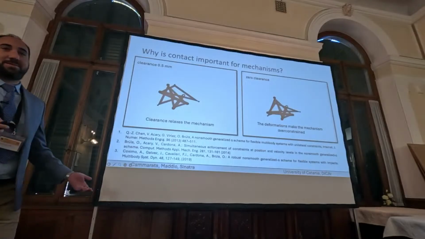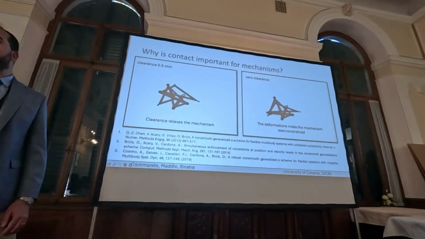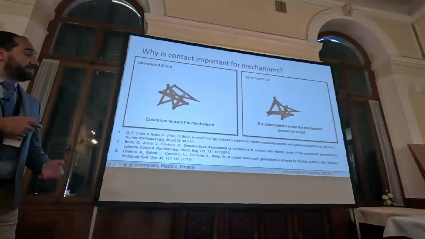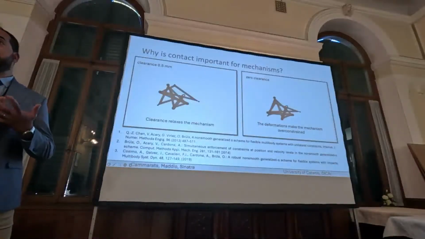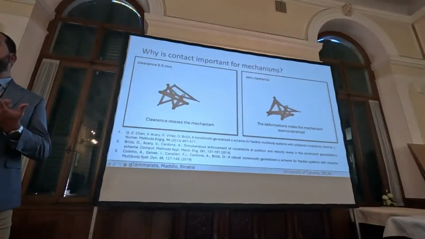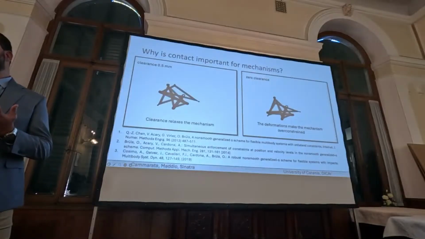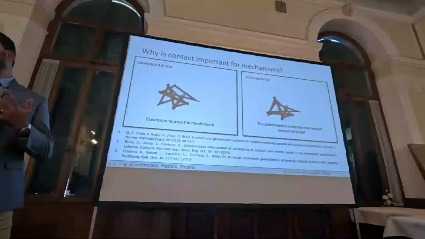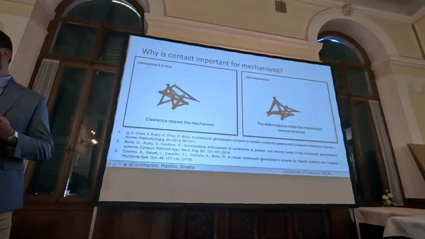But in real life, joints have clearance. The ideal joint doesn't exist because every mechanical joint is given by the contact of two conjugate profiles.